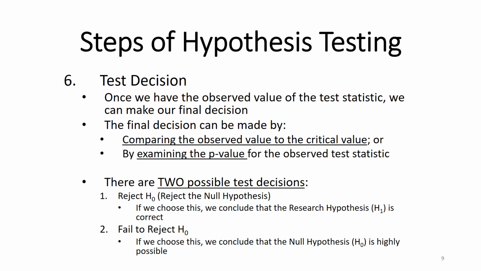On the other side of it, if we fail to reject the null hypothesis, if our outcome says that our sample is not that rare, our sample is pretty common, we're going to fail to reject the null hypothesis. If we choose that one, we're basically going to go with whatever the null hypothesis said.